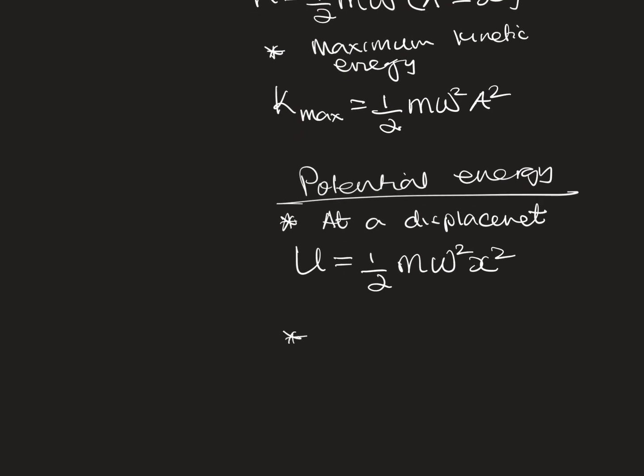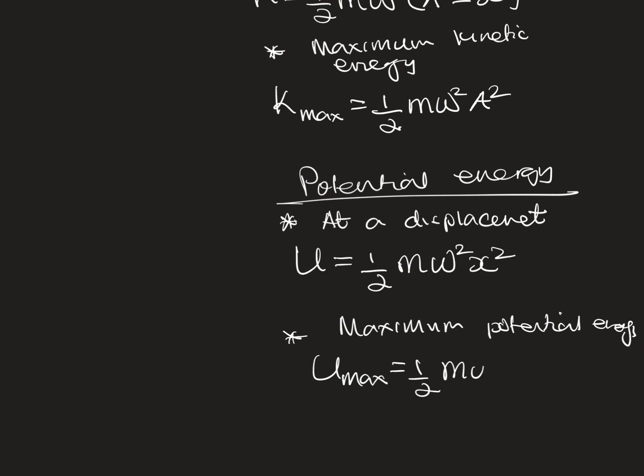But maximum potential energy, U max, is equal to half m omega squared A squared. So if you look at it, maximum potential energy and maximum kinetic energy are the same.